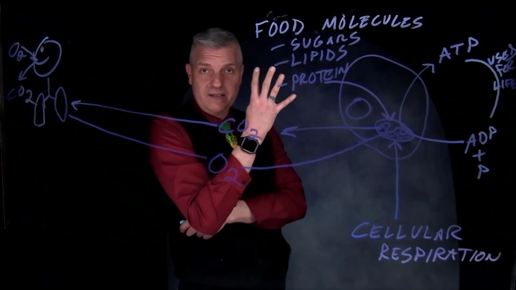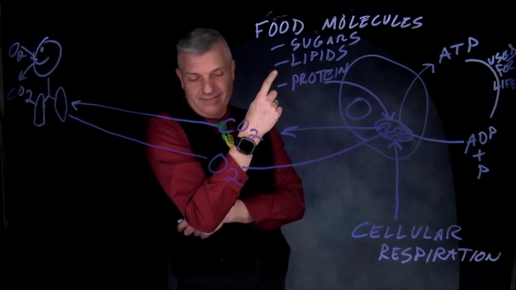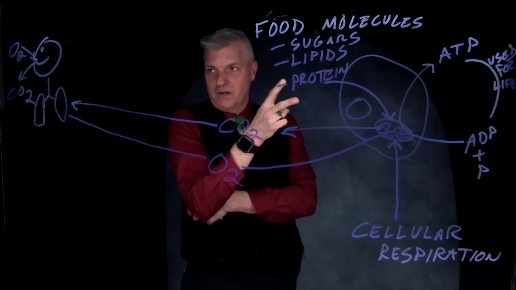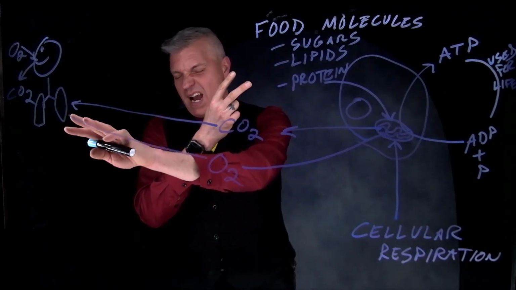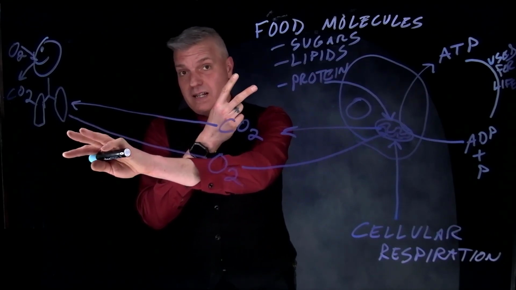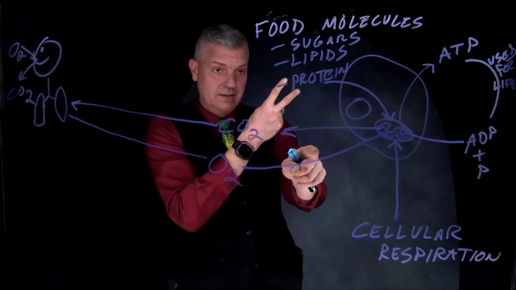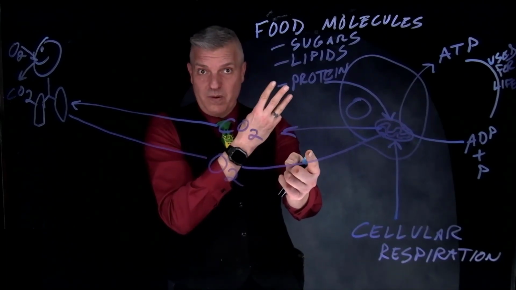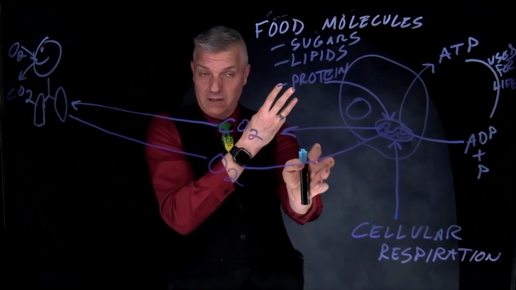So there's 4 meanings to that idea of respirations. There's breathing in and out. That's often what we mean when we say respirations. But then there's also external respiration, the exchange of gases between the air and the blood inside of the lungs. And then the blood carries those gases down to the capillary beds in the tissue, and we have internal respiration, the exchange of gases between the blood and the tissues where the cells live.